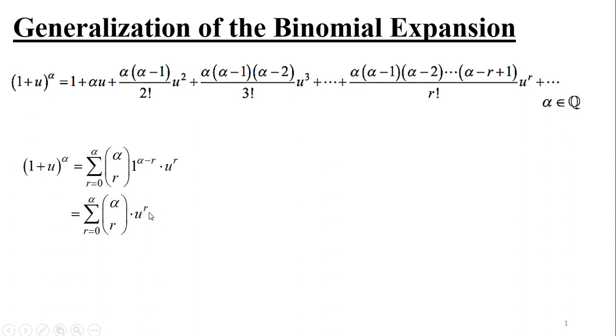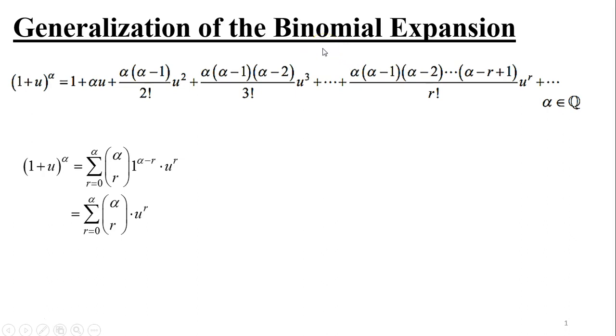But notice the difference between the regular binomial expansion, where α is a natural number, and this generalization, where α is a rational number: when α is in Q, the expansion can keep on going infinitely.